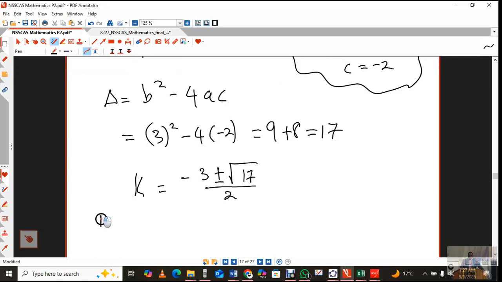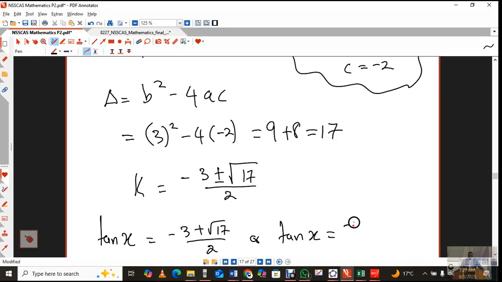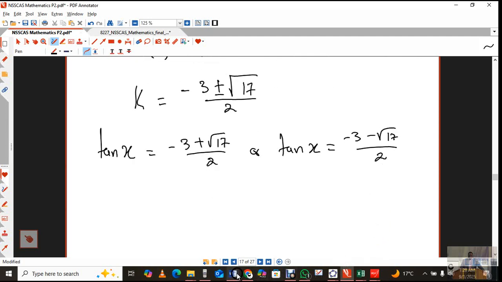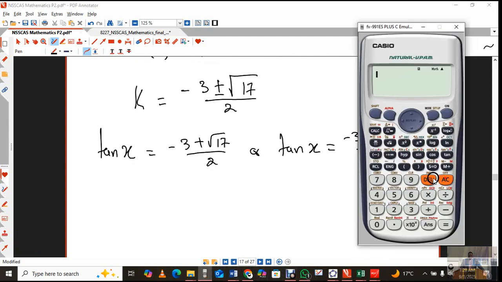But I don't want k, I want tan x. Tan x is minus 3 plus the square root of 17 over 2, or tan x is going to be minus 3 minus the square root of 17 over 2. Okay, let's calculate those particular values, those answers. I have negative 3 plus root 17 over 2.